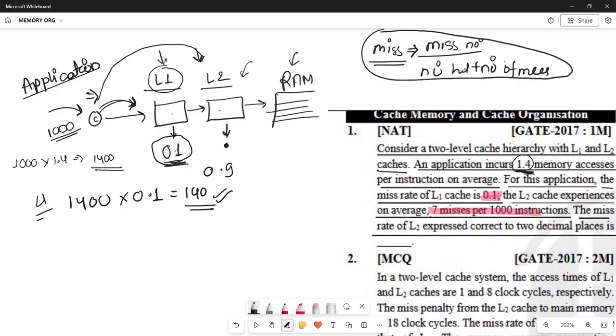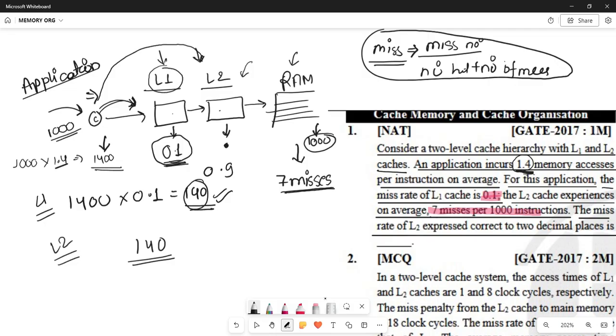Now, this was the case for L1. Now it will come to L2. So there are a total of 140 accesses, and we are given that there are 7 misses per 1000 instructions of the application. That is the data we are given. Note that it is per 1000 instructions, and for 1000 instructions, memory access was 1.4 on average.